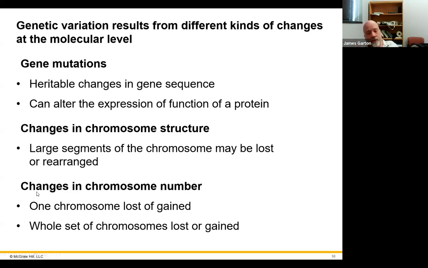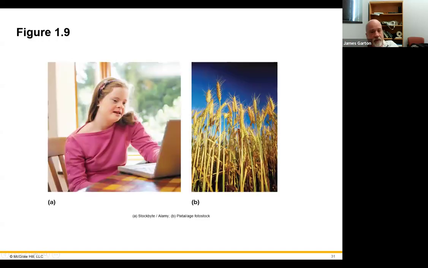Changes in chromosome number are usually very detrimental. This is inheritance of an extra chromosome. This is inheriting an entire set of extra chromosomes. Animals don't tolerate these very well. Plants tend to tolerate inheriting entire extra sets of chromosomes. Animals, for whatever reason, don't handle that well.